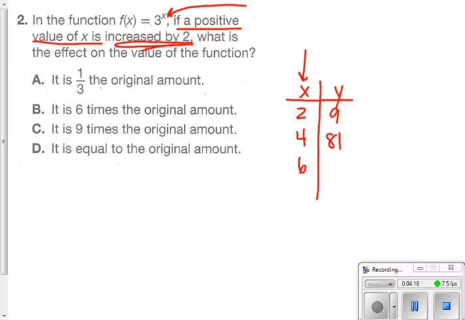Substitute in 6 for x, and we get 729. Now we need to figure out the pattern. This is increasing by 2, as it should. To get from 9 to 81, I multiply by 9. I check it again, multiply by 9. So as the x value increases by 2, your y value is going to multiply by 9, which would be option C.